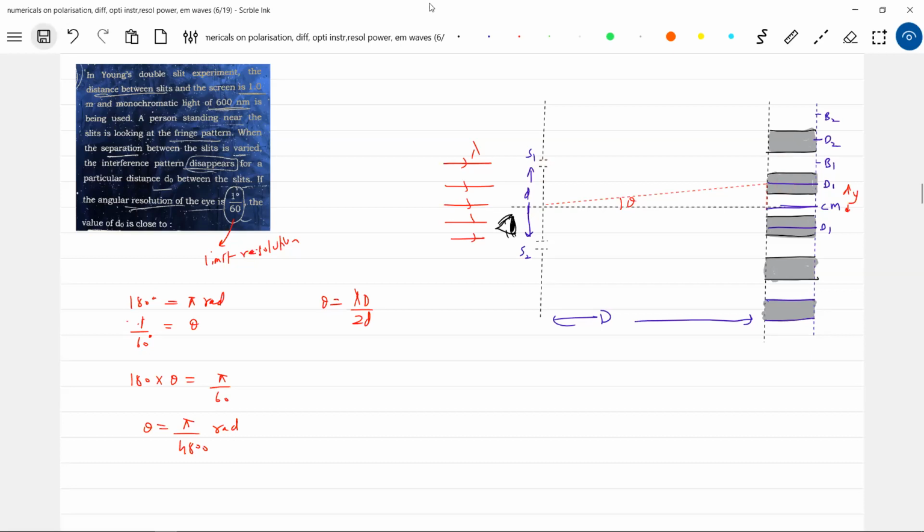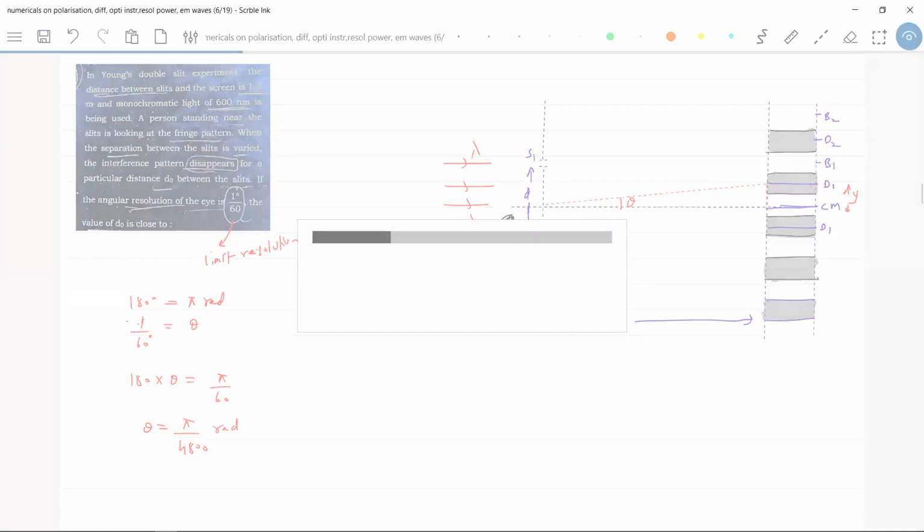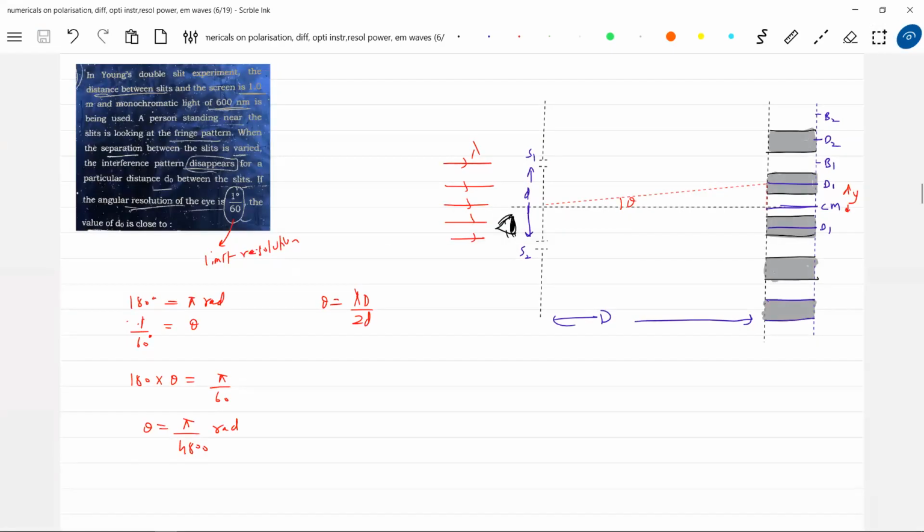What will happen here? I think the question is we are supposed to analyze, no? Put lambda capital D by 2D. Capital D will not be there. Angular width, no dimension should be there.